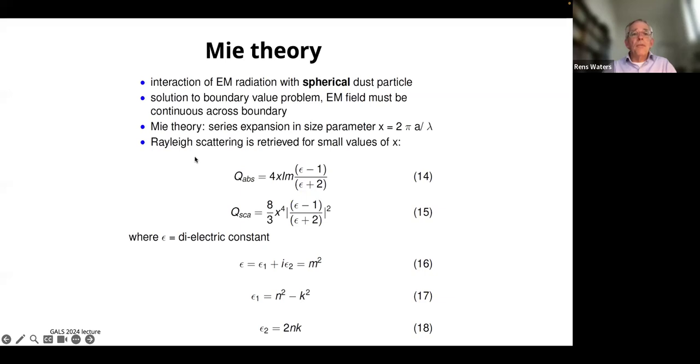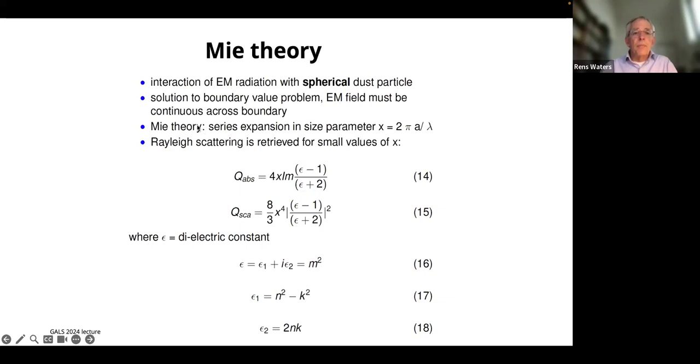Mie theory was developed in order to describe the interaction of electromagnetic radiation with a spherical dust particle. And that's really a boundary value problem. What the theory does is it just demands that the electromagnetic field is continuous across the boundary of the particle.